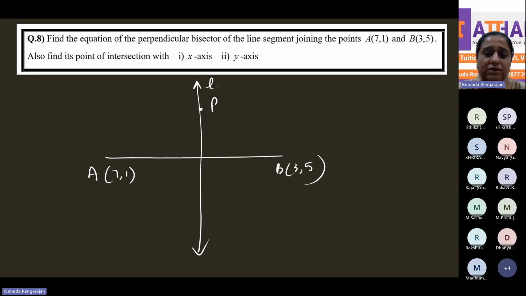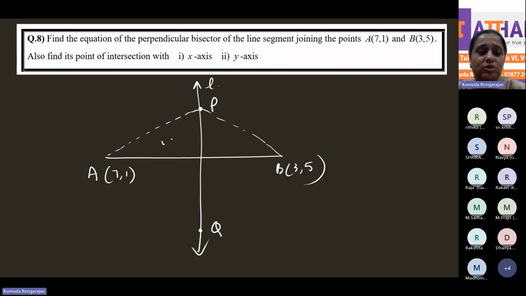You take a point P here or you take a point Q here. Any point on the perpendicular bisector will be equidistant from the ends of the line segment. So if you mark this point P on L and join PA and PB, PA will be equal to PB.